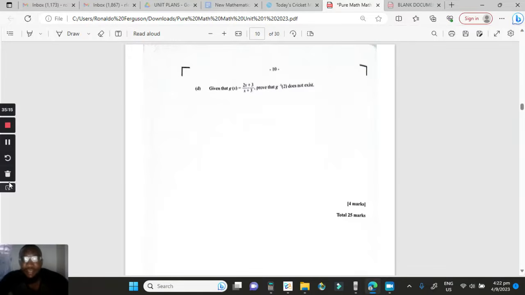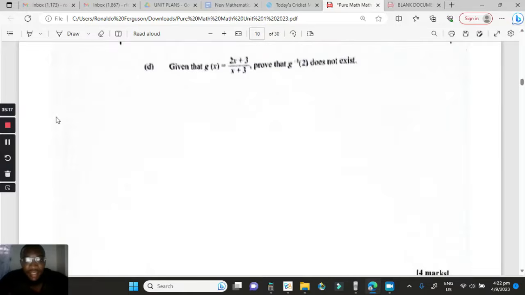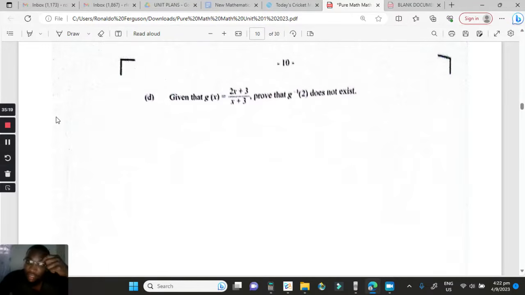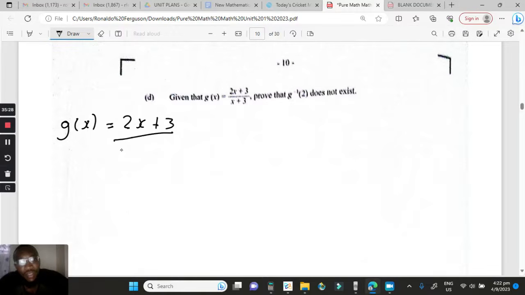5 easy marks. It says, given that g of x is this function, prove that g inverse of 2 doesn't exist. So first thing, g of x is 2x plus 3 over x plus 3. I'm going to show you method 1 first. Method 1. Look at this.